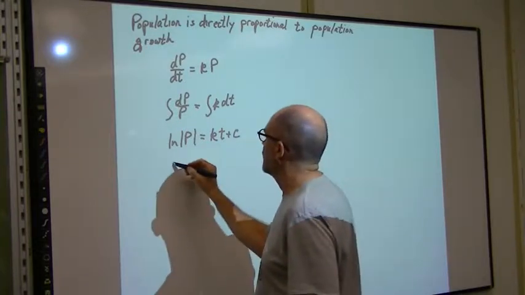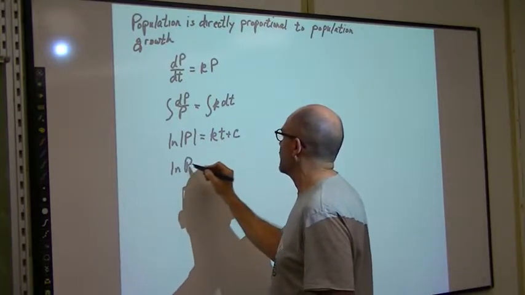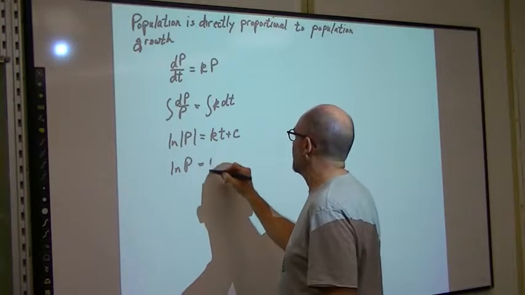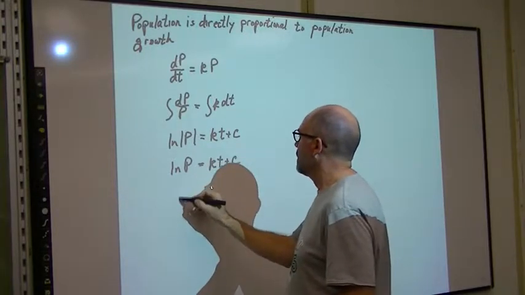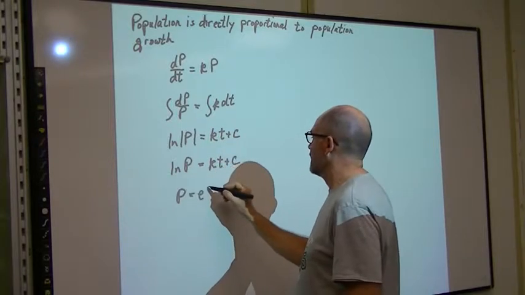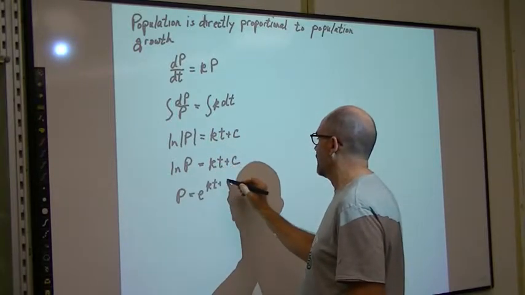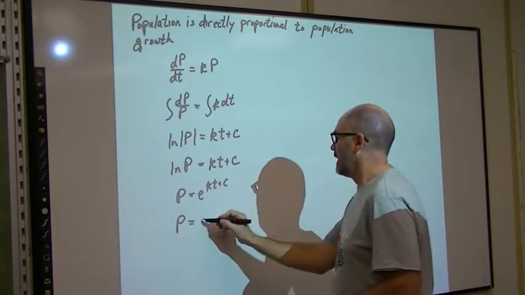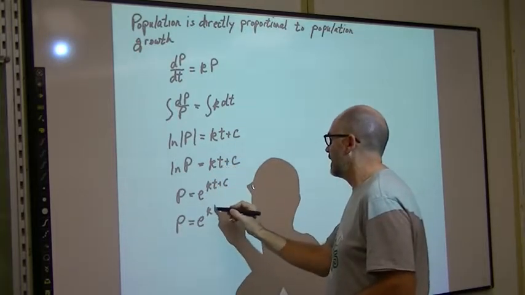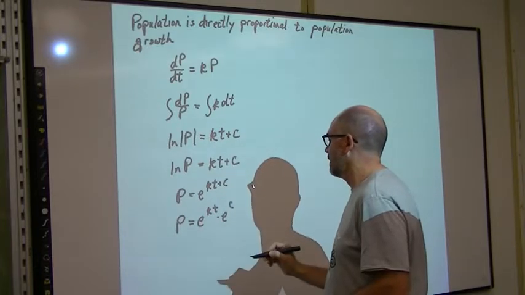So we've got natural log of P equals kt plus C. So now we can go P equals e to the kt plus C.